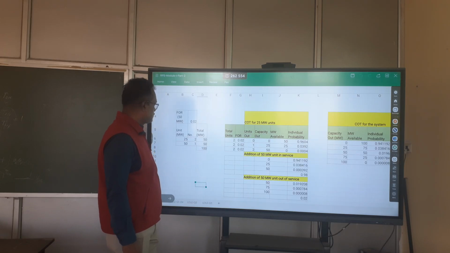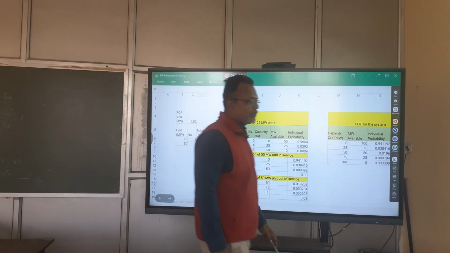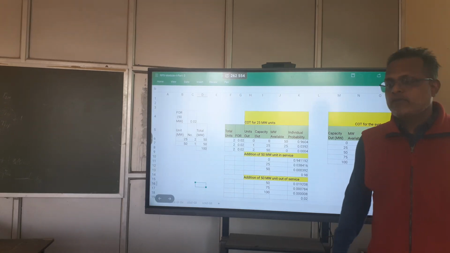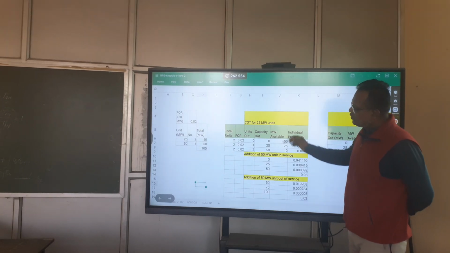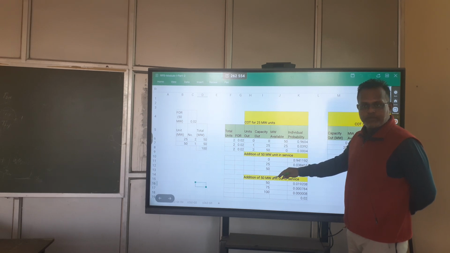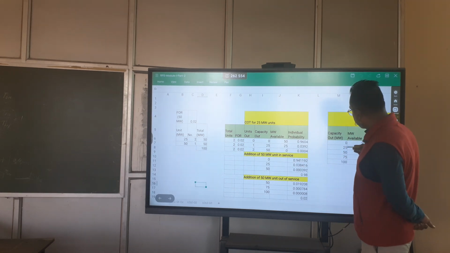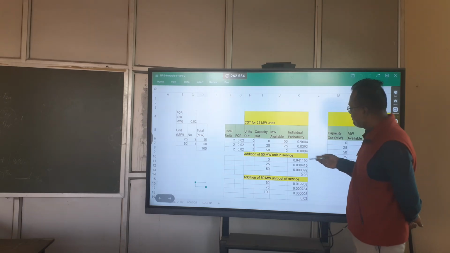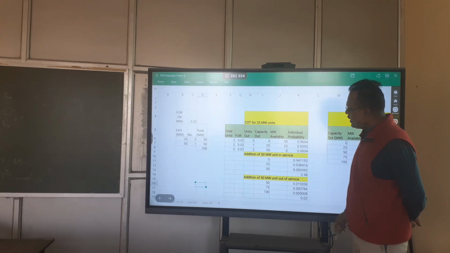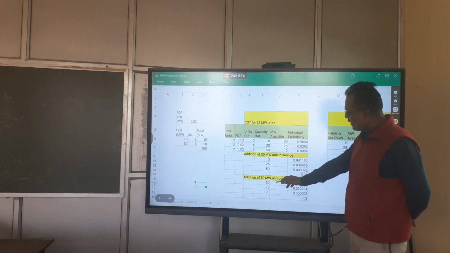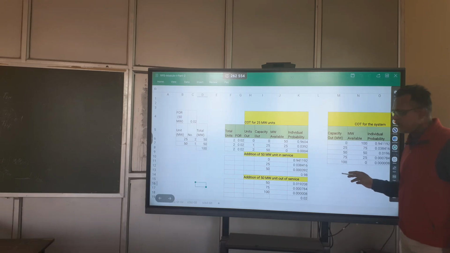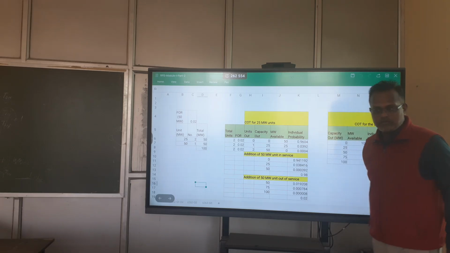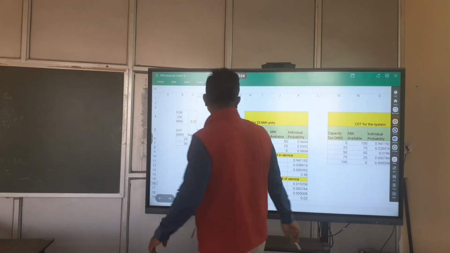Yes. So this system is exactly the same as the two 3 megawatt and one 5 megawatt system. Only the capacity values are changed. So if you see here, what are the capacity values? 0, 25, 50, 75, 100. So how do you prepare it?